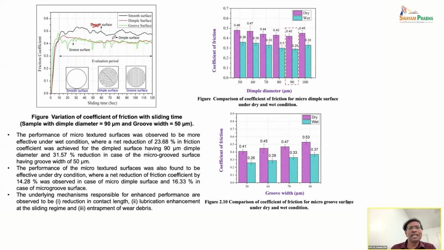But actually we found that dimples have better characteristics. Sometimes there is a lot of variation in the texture with the grooves. So thus probably the dimple would be a much better option.